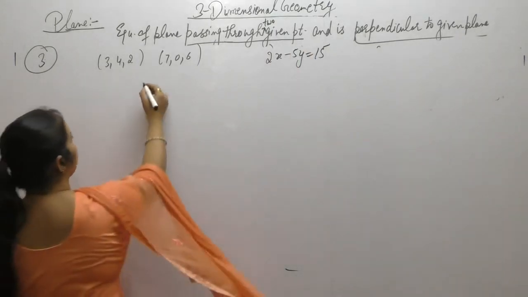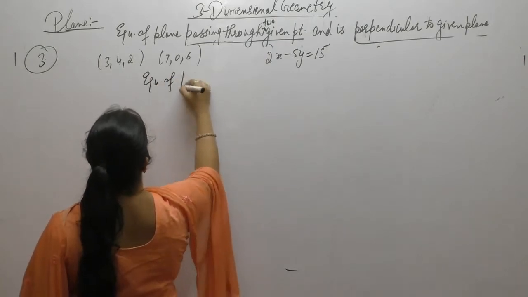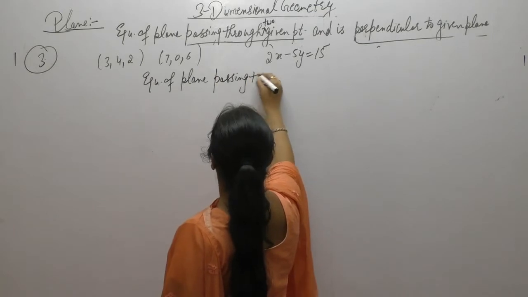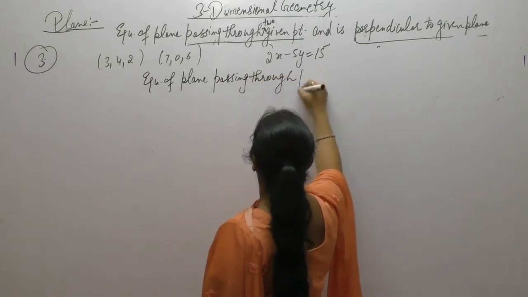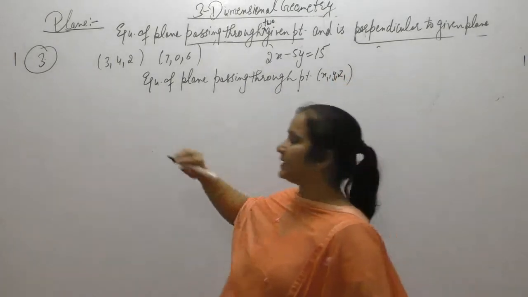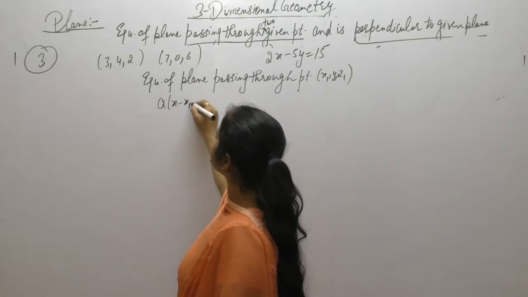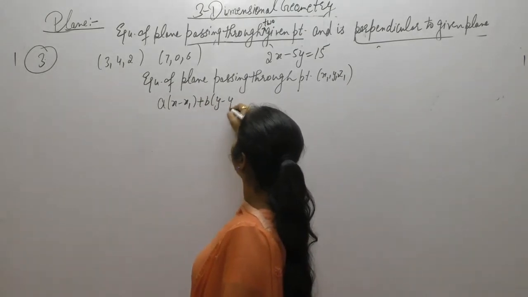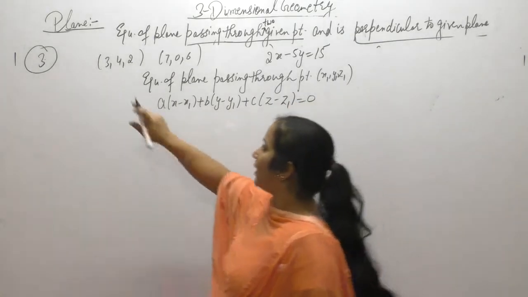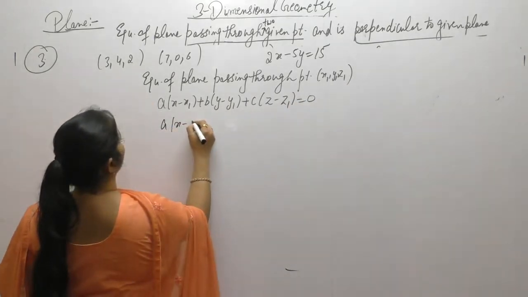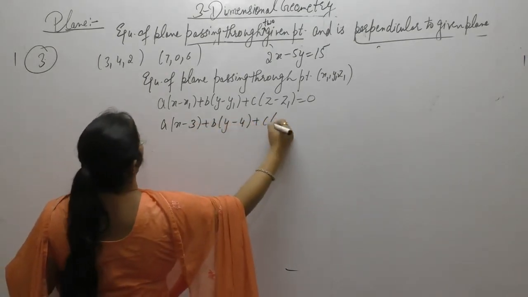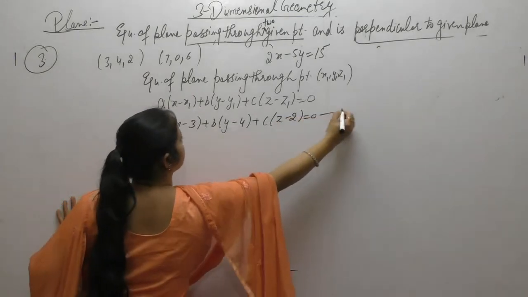Now the equation of plane passing through point x1, y1, z1 is a into x minus x1, b into y minus y1, c into z minus z1. The point is 3, 4, 2: x minus 3, y minus 4 and z minus 2.